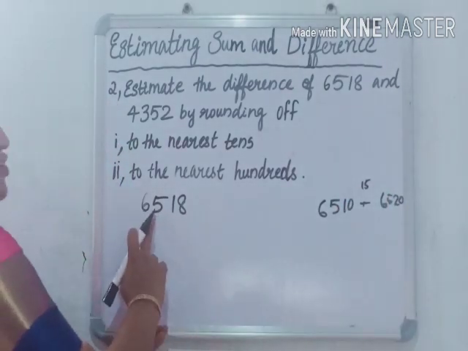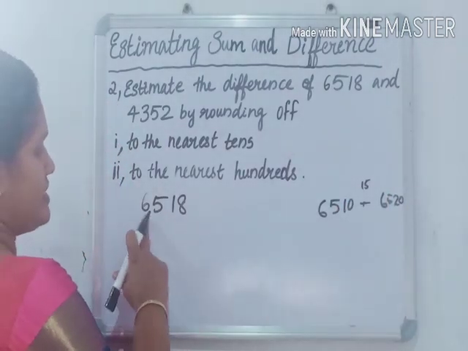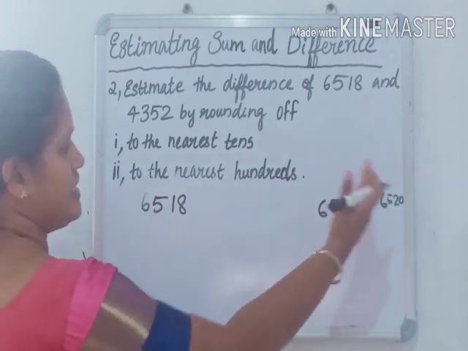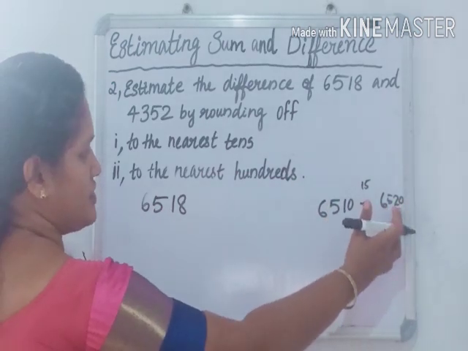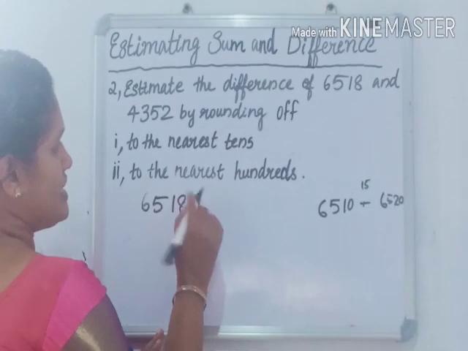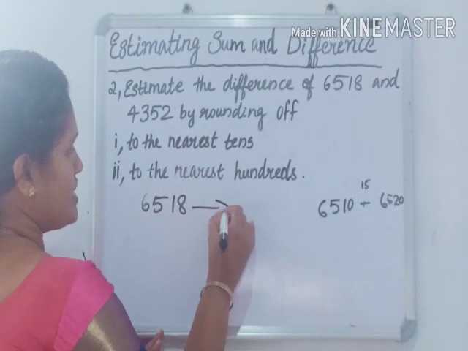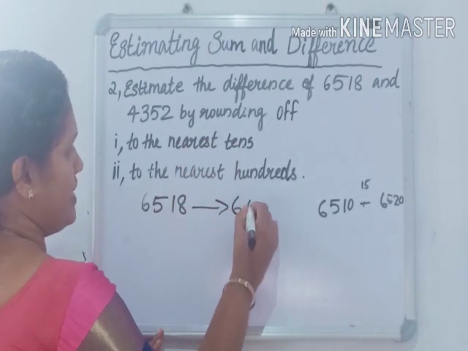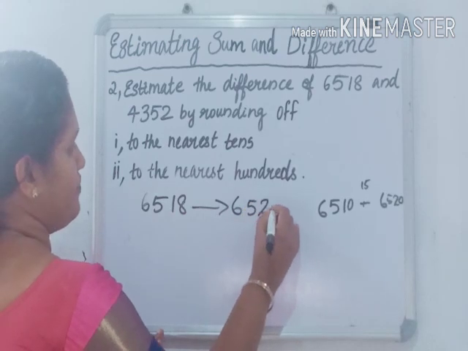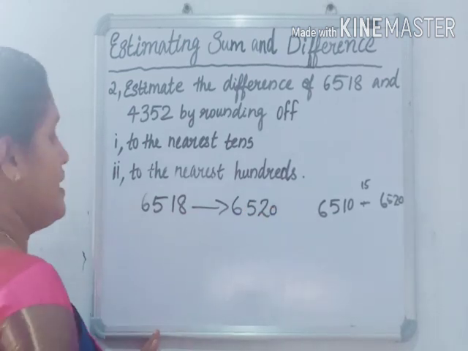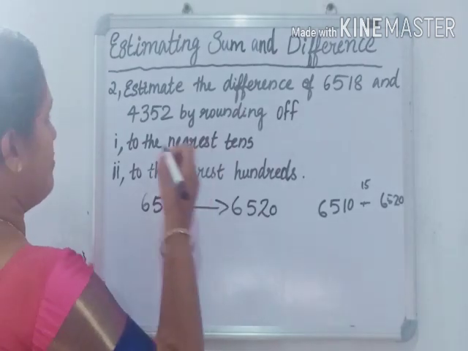So where is the position of 18? 6518 is nearer to 6520. So it is rounded up to 6520. Clear?